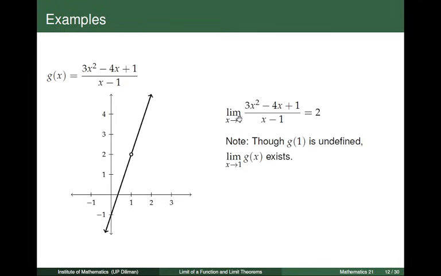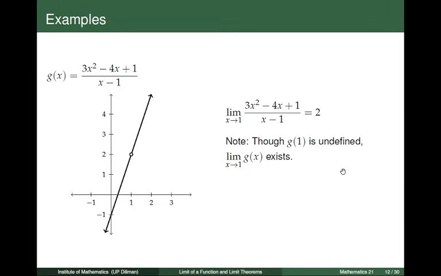And so we know that the limit of g as x tends to 1 is equal to 2. However, here, note that the value of the function g at 1 is not defined. However, despite this fact, we know that the limit of g as x tends to 1 exists. So this is a major difference from the first example.